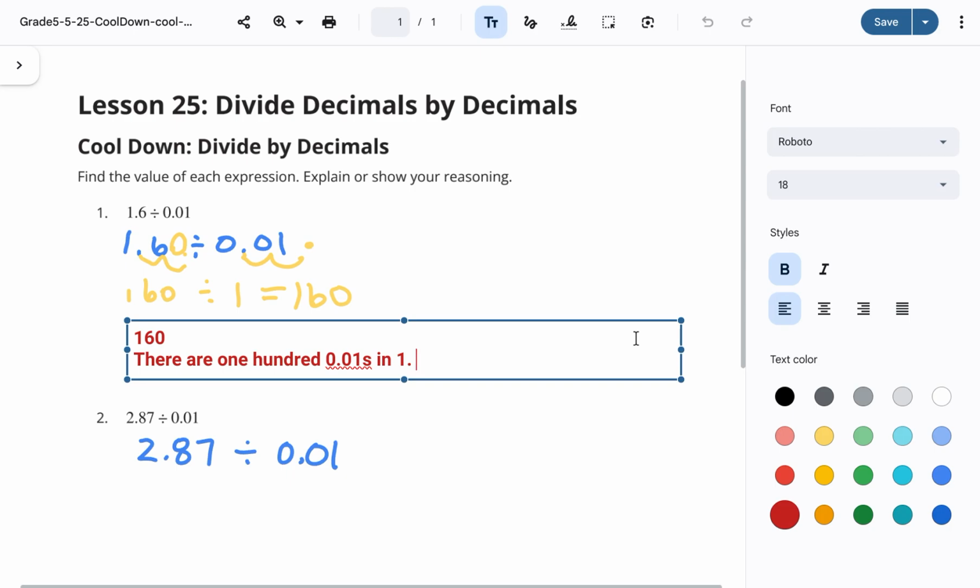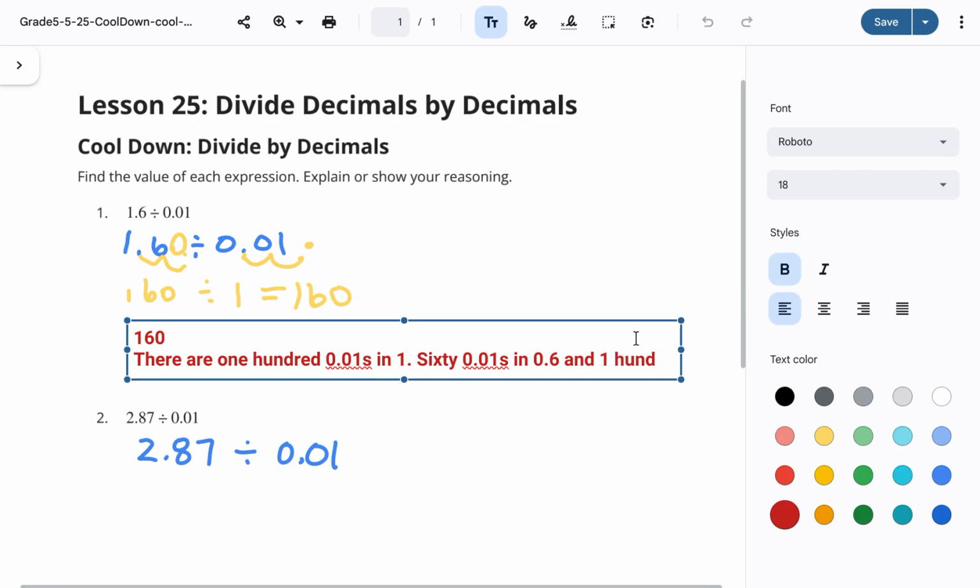We know that to be true. We also know that there are 60 hundredths in 6/10 and 1/100th.